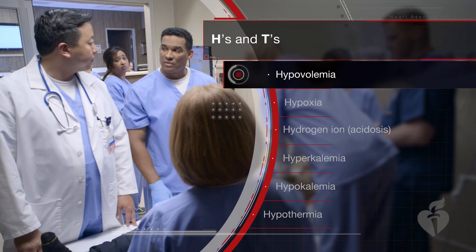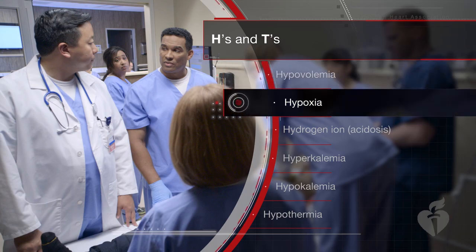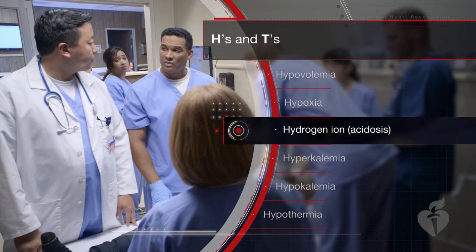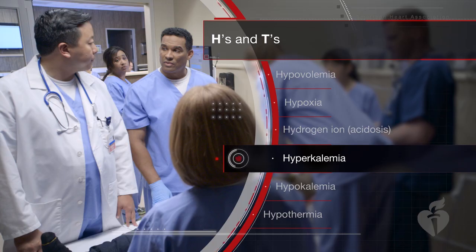Hypovolemia is low blood volume. Hypoxia occurs when inadequate oxygen is reaching the body's tissues. Hydrogen ion, or acidosis, is the accumulation of acid and hydrogen ions in the blood and body tissues. Hyperkalemia is an abnormally high concentration of potassium ions in the blood.